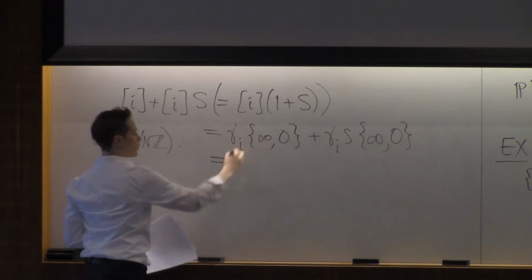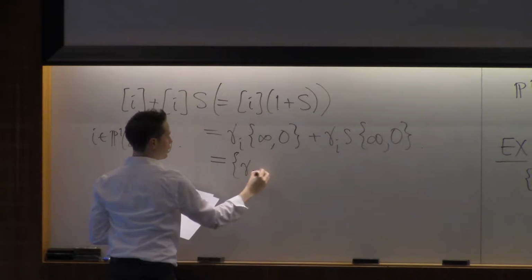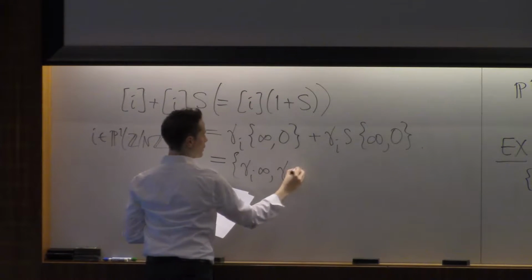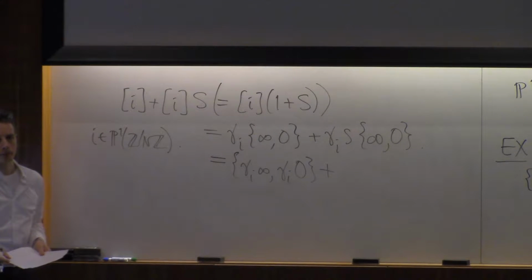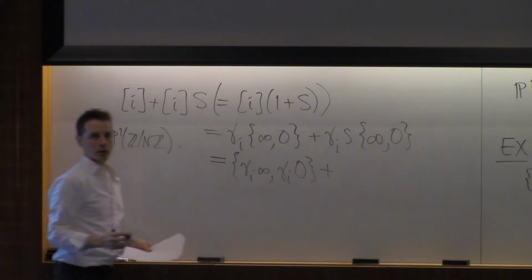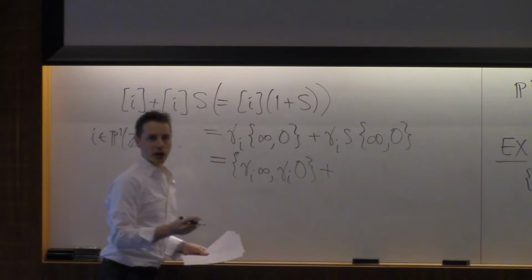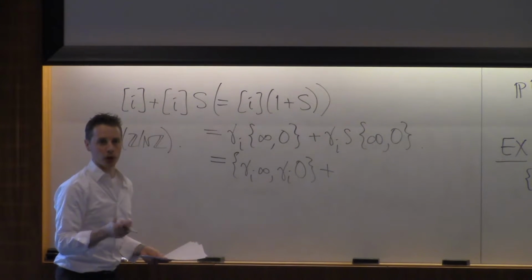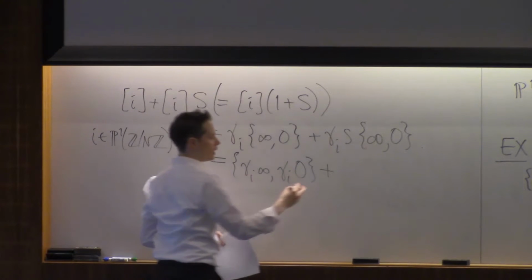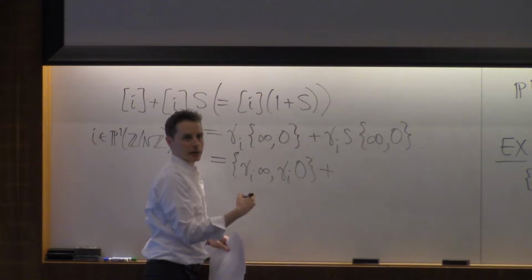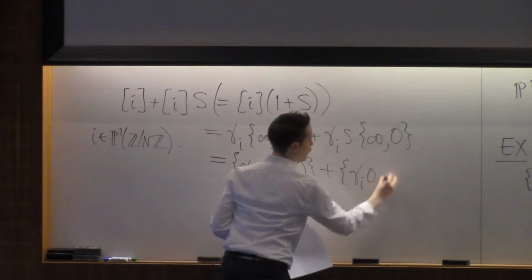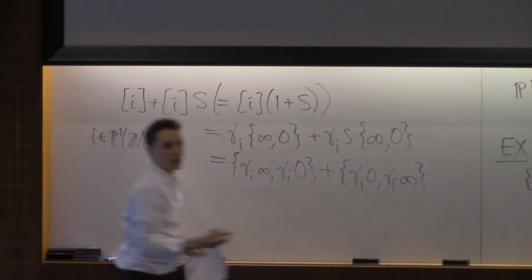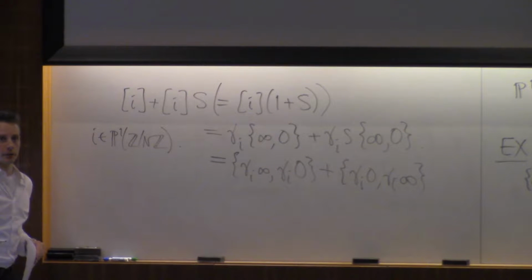So now I can certainly apply my gamma I infinity here and my gamma I 0. What's going to happen with these guys? What does S do? It's going to interchange, right? S is the Z goes to minus 1 over Z, interchanging 0 and infinity, and then I apply my gamma I. Okay, so that looks to me like gamma I 0, gamma I infinity.